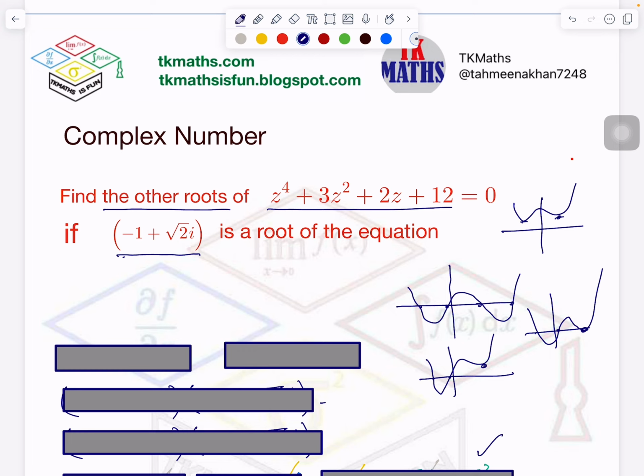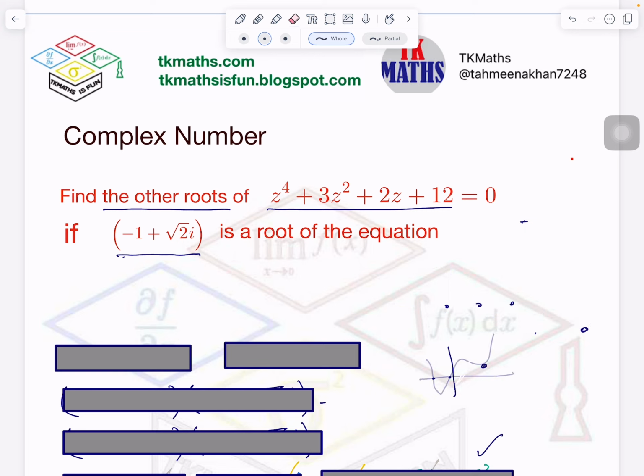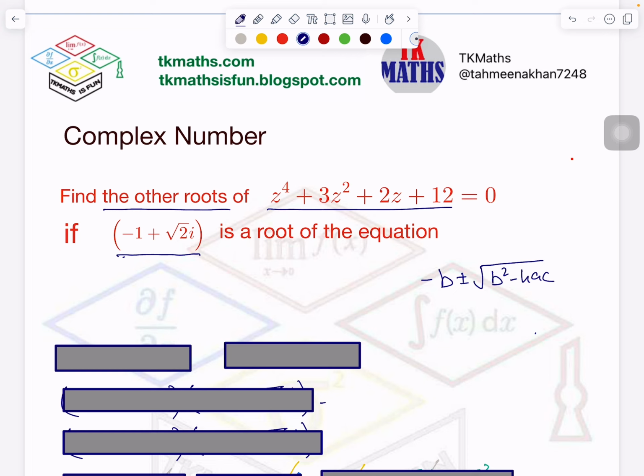Now, this was just the understanding of the types of roots you can get. One root here is complex, which means the curve is above the x-axis at this point. This type of root we only get from a quadratic equation when you have a negative discriminant. Agreed?